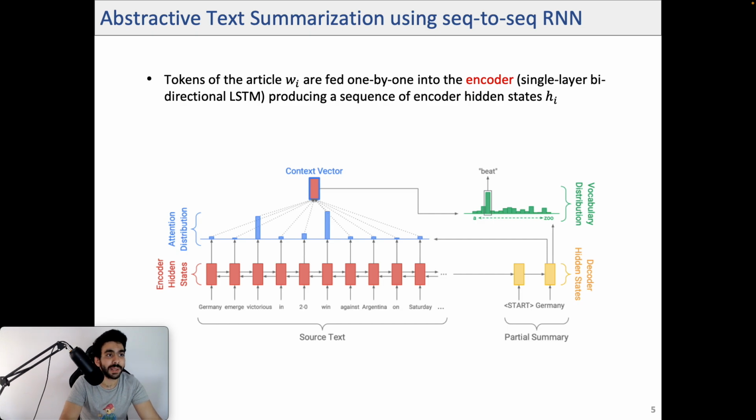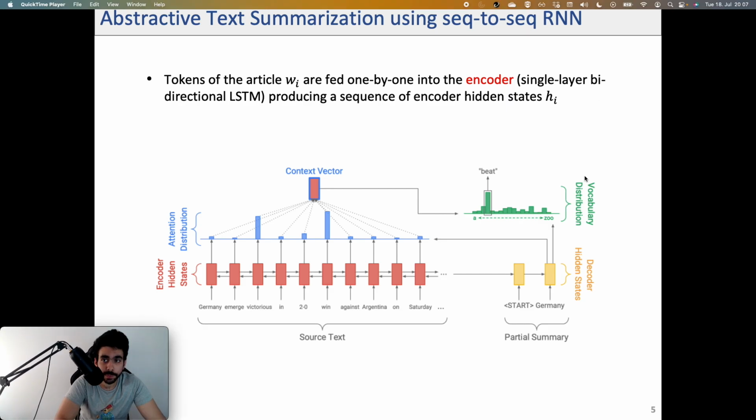And at test time it will be the previous word emitted by the decoder. Then here we have the attention distribution. How can we model this? This can be viewed as the probability distribution over the source words that tells the decoder where to look to produce the next word.